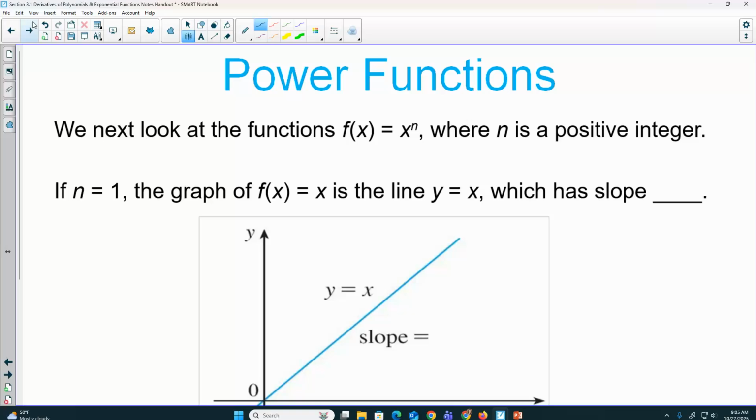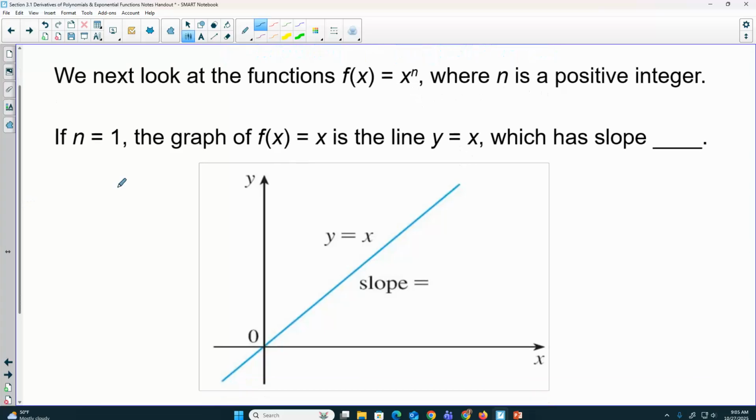Yeah, it puts it down on the bottom, so we might have to think about those a little bit more. But for now, let's start with the most basic one. If my function is just x, that's y equals x. What's the slope of that line? 1. So what do you think the derivative of that would be? The derivative is just the slope of the tangent line, which would just be 1.